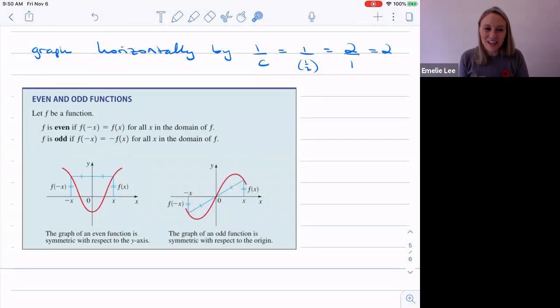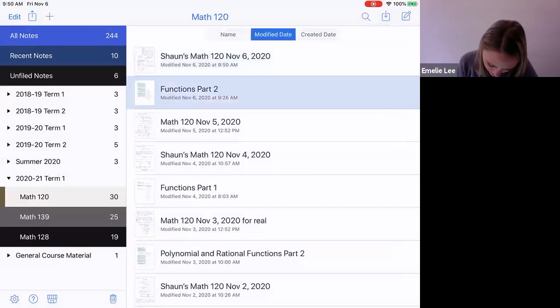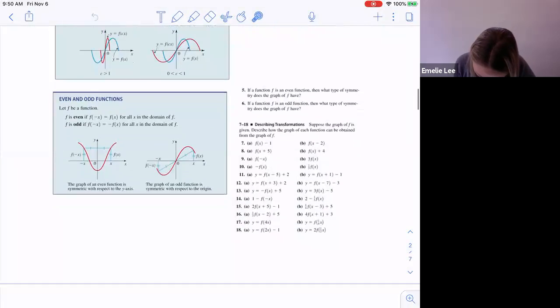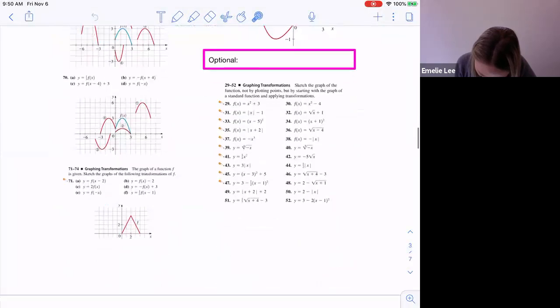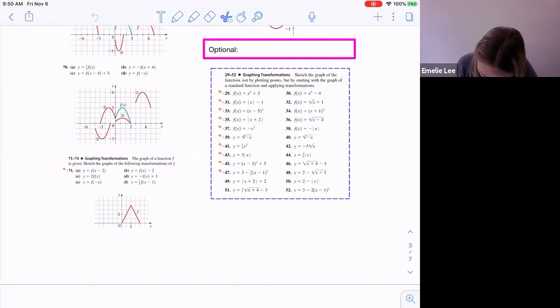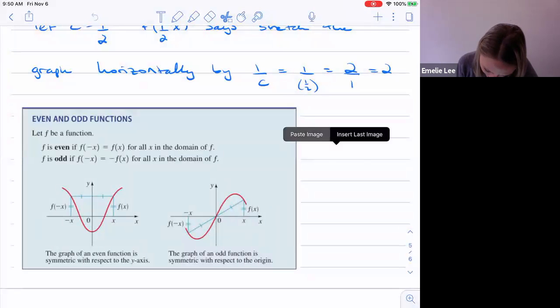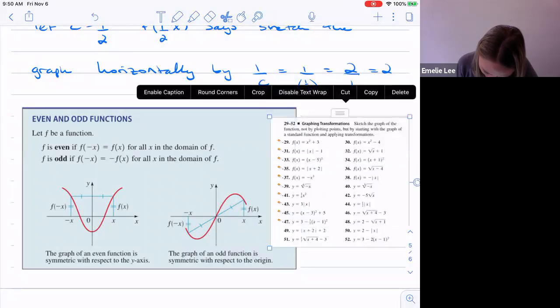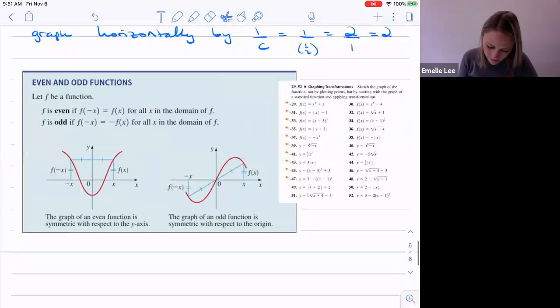How about this? I'll put some problems in here, just so you have something to work on, and just so you have them in the notes.